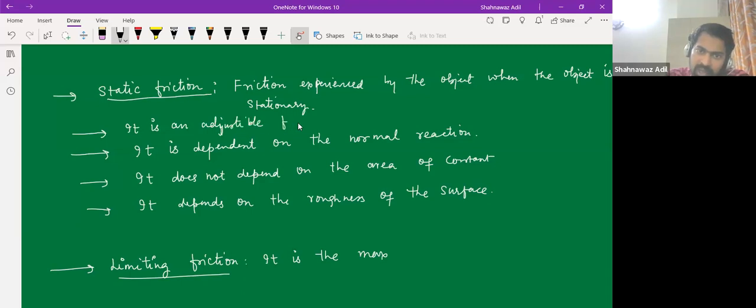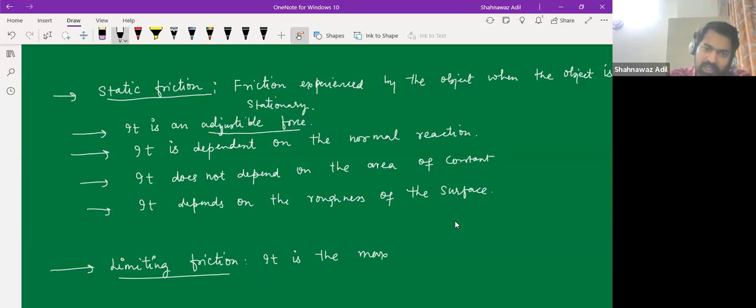So if you apply a 20 Newton force, then the object will apply the same amount of force. If you apply 10 Newton force, then the object will apply the same 10 Newton force, right? So that is why this is an adjustable force. Depending upon what force you are applying, that static friction can change, right?